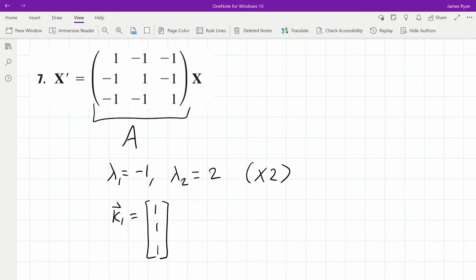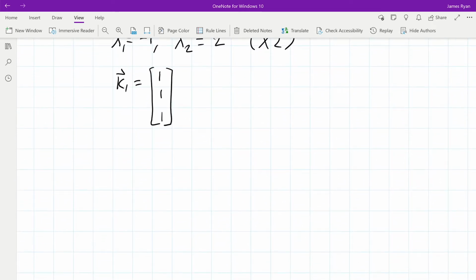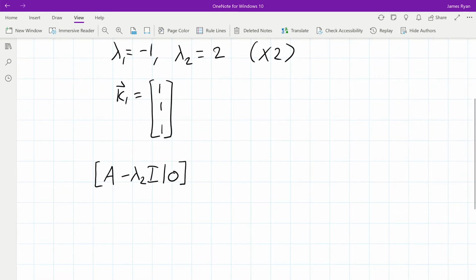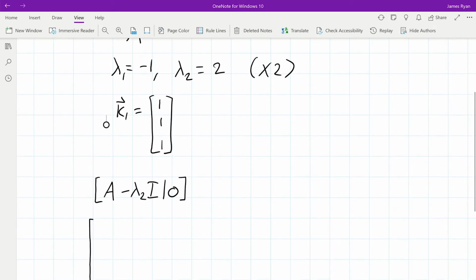For lambda 2, let's go ahead and find that. So we'll say A minus lambda 2 I augmented with 0 will give us, since lambda 2 is 2, the diagonal will be -1s, and actually every element of this matrix will be -1.